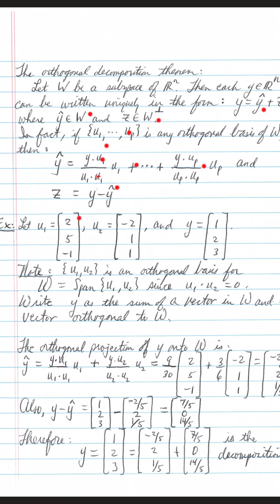Let u1 be this vector, 2, 5, negative 1. We're going to let u2 be this vector, negative 2, 1, 1. And y is going to be the vector 1, 2, 3.